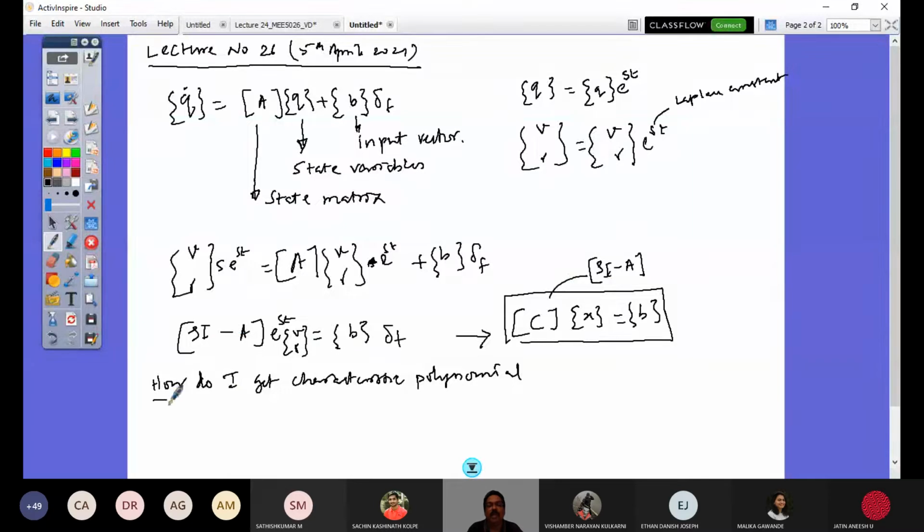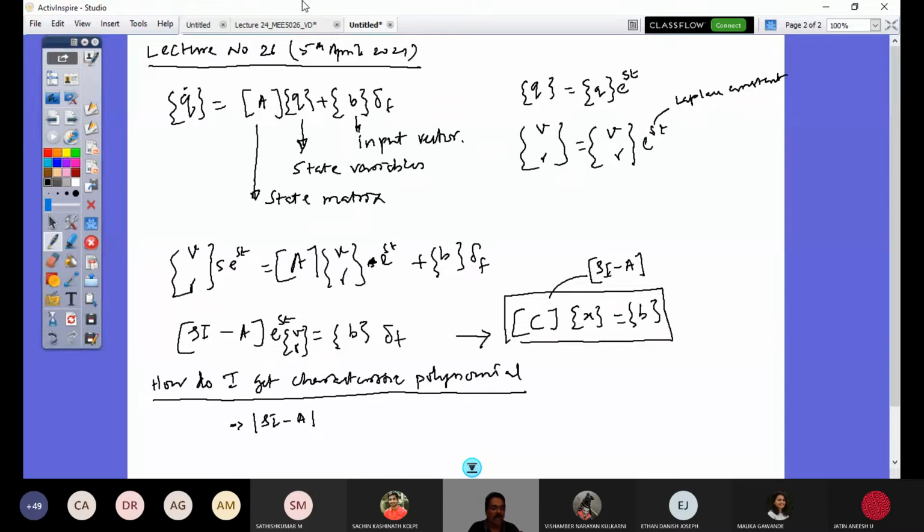If I have this, how do I get my characteristic polynomial? It is simply by finding this determinant SI minus A. If I equate this determinant to 0, that gives me the characteristic polynomial, the characteristic equation.